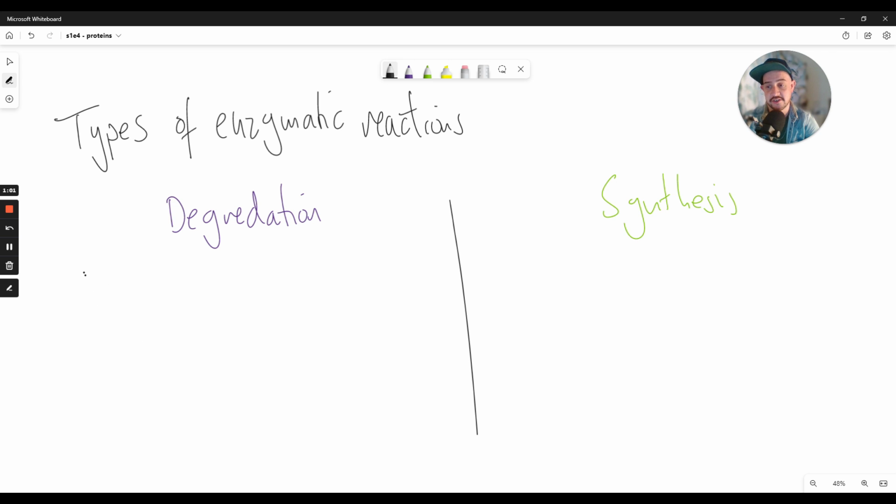Now, degradation reactions are those that are going to break things down. So these are going to break substrates down. Okay, so there are many examples, but there's a couple that you need to know for your National 5. And the first one is going to be amylase.